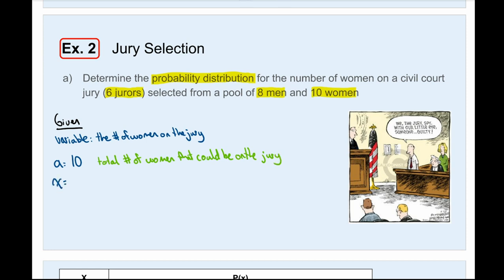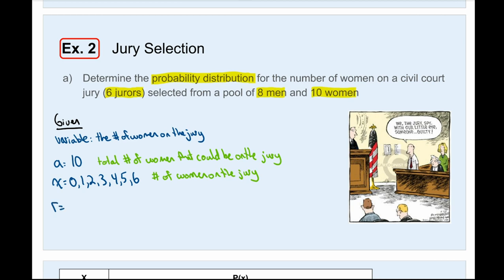X is going to be our random variable, which is anywhere from 0, 1, 2, 3, 4, 5, and 6, because those are all the different possible numbers of women on the jury. Because there's only 6 jurors selected, we can only have anywhere from 0 to 6 women on the jury.